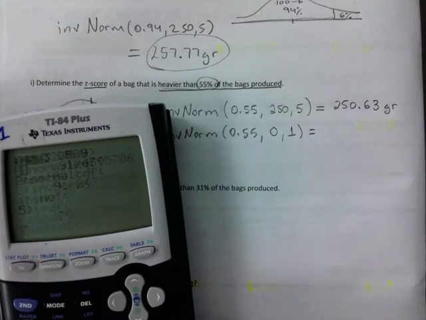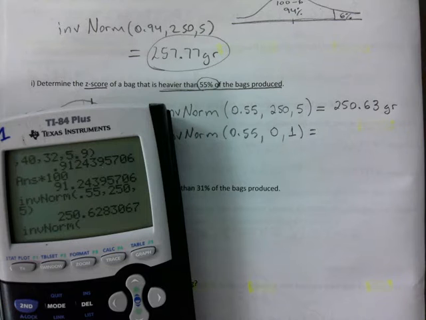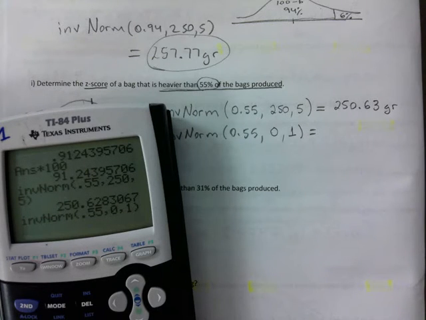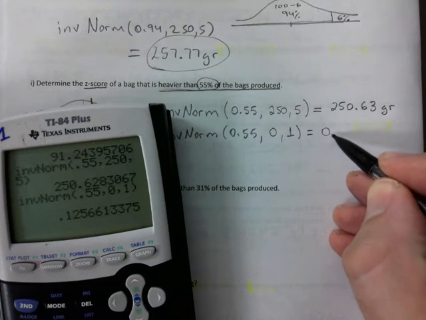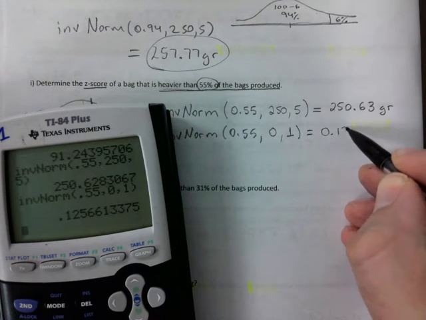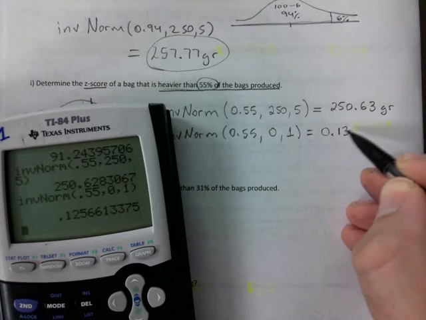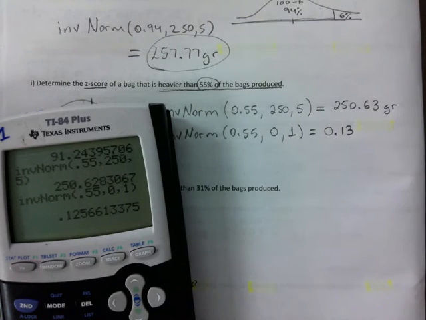So second vars, I'm going to call inverse norm. I'm going to go 55%, 0, 1, and that is 0.13. Does that make sense? Yeah.